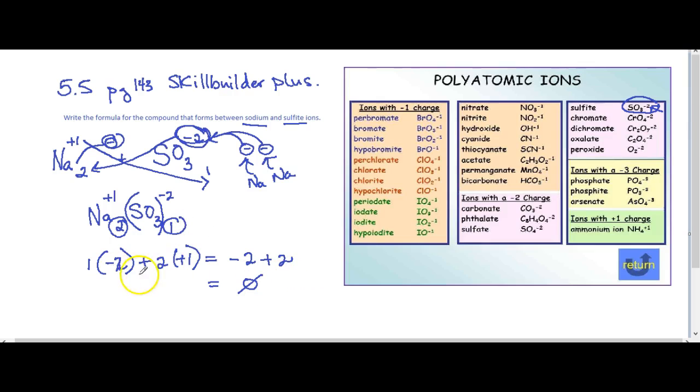Then you can do a check by multiplying the subscripts by their charges: 2 times +1, 1 times -2, and doing the math, hopefully they balance out so that you have a neutral charge on the compound.